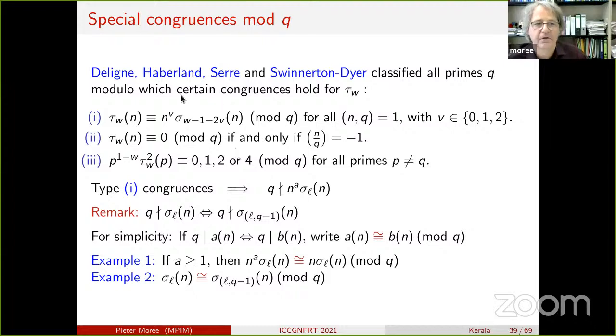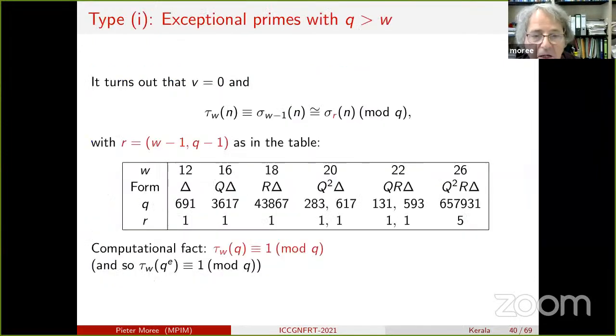And so what Deligne, Serre, and Swinnerton-Dyer did is they classified the congruences. So they basically determined all congruences of this form, and of this form. And so in the end, you get some finite list.